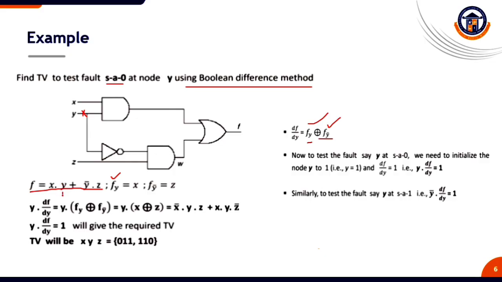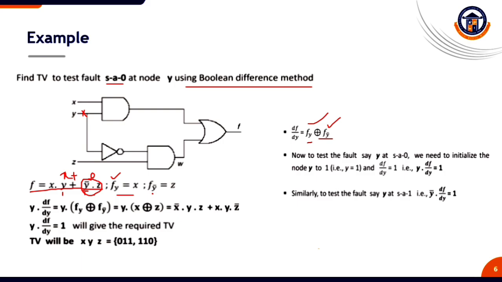Here y bar is 1 bar, so x dot 1 equals x, plus 1 bar, which is 0, times z, which is 0. The expression becomes x plus 0, which is x. That is the value of fy. Now we found that fy is equal to x.